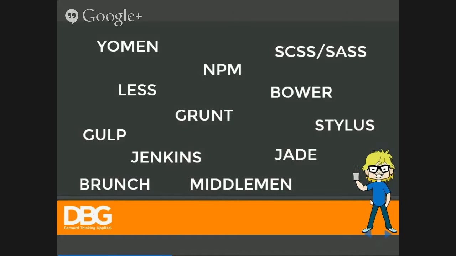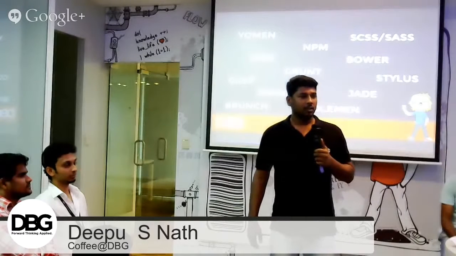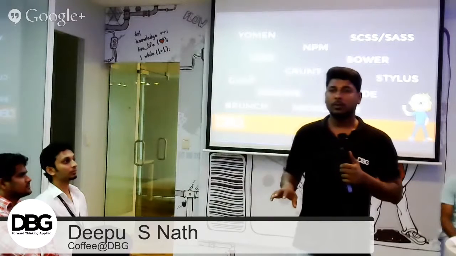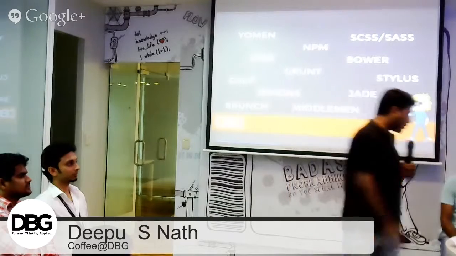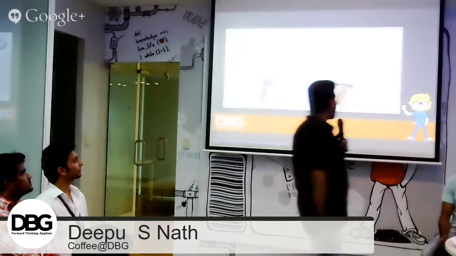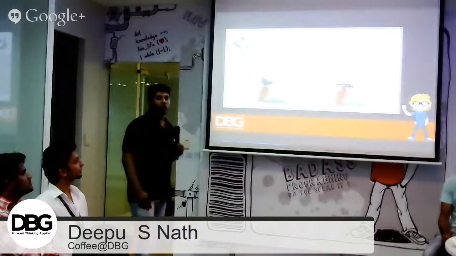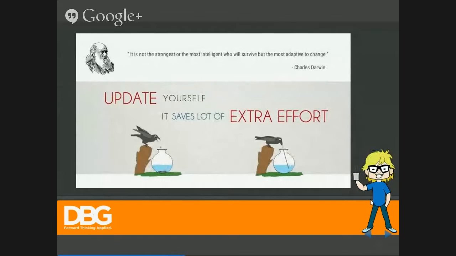So there are a lot of preprocessors available, and in this session, what Shiraz is going to do is not compare these different preprocessors and help you select which one is the best, but just help you start using any of these preprocessors, because they help us save a lot of extra effort. Why are we still going back to the old way when there are new methods available which help us do things efficiently?